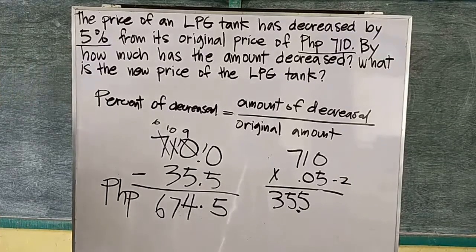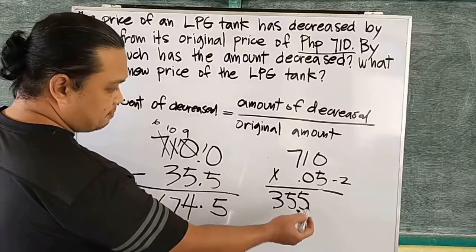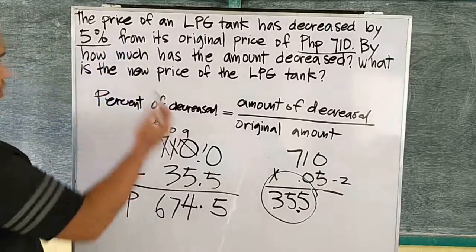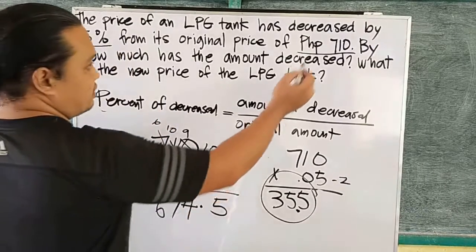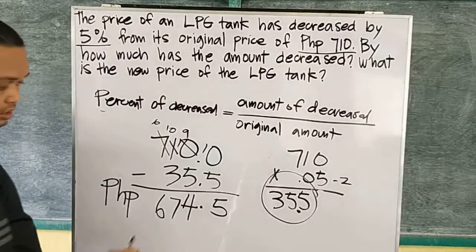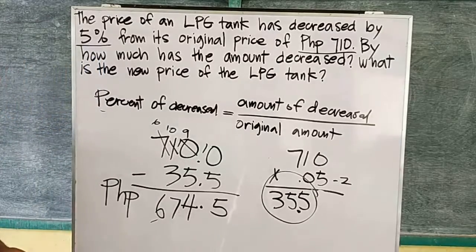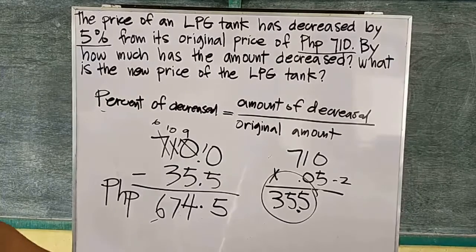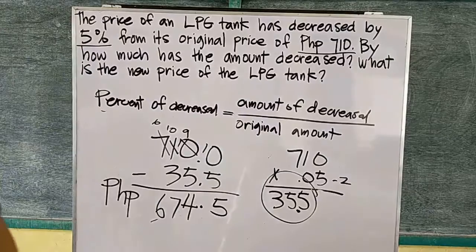So that would be our answer. Now 35.5 is the amount of decrease, 5% is the percent of decrease, while 710 is the original amount. And 674.5 is the new price of the LPG tank because it's discounted by 5%.